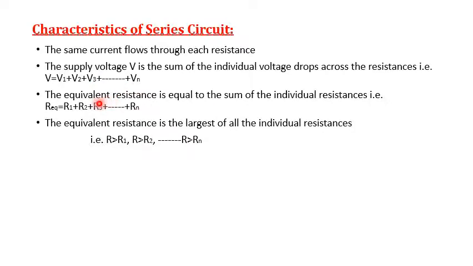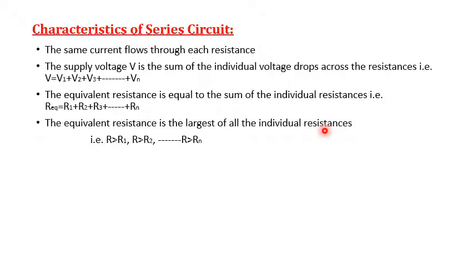Then the equivalent resistance is equal to the sum of the individual resistances. As we just derived, the equivalent or effective value of the resistance, R equivalent, is equal to R1 plus R2 plus R3 and so on up to Rn. Now the equivalent resistance is the largest of all the individual resistances.